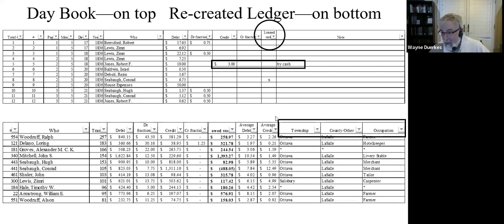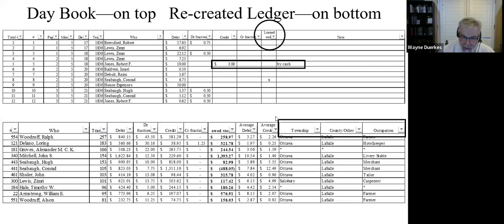Mr. Seabaugh had access to every township. He had customers from every township, and neither the Illinois River or the Fox River deterred people from coming to him, which is exciting. We also see people in Livingston, people in DeKalb County, what have you. So once again, it just gives you a feel for how broad this guy's reach was.